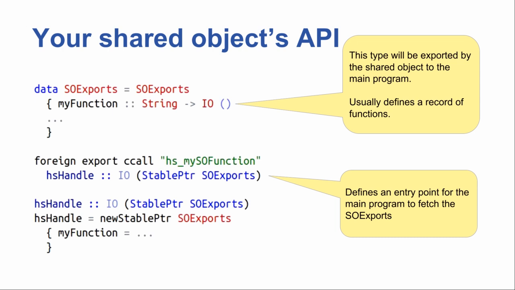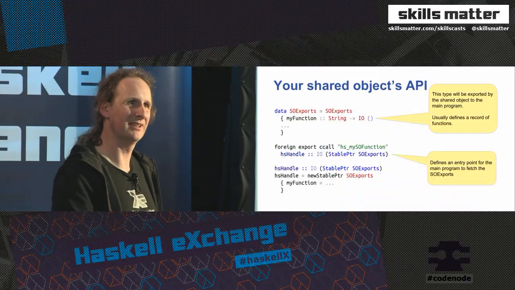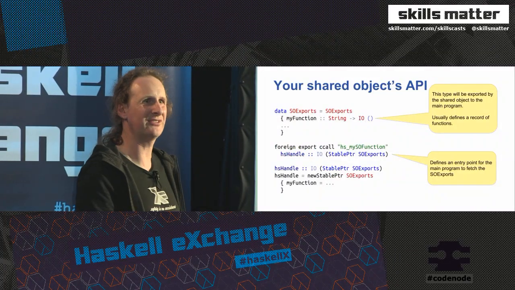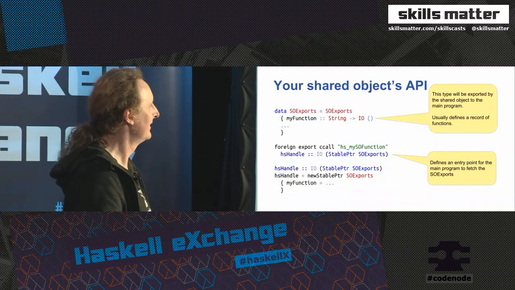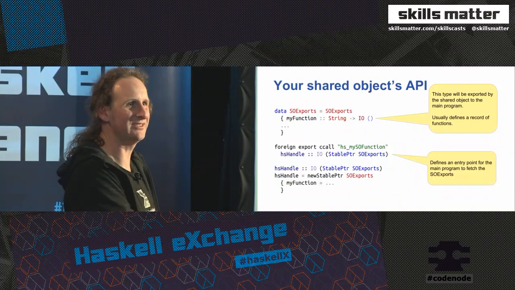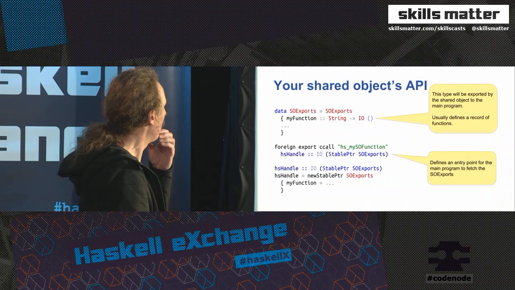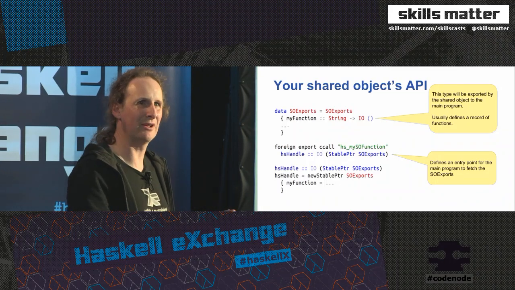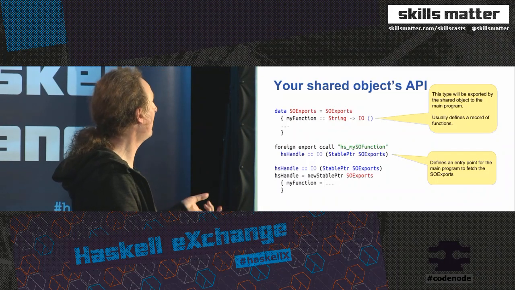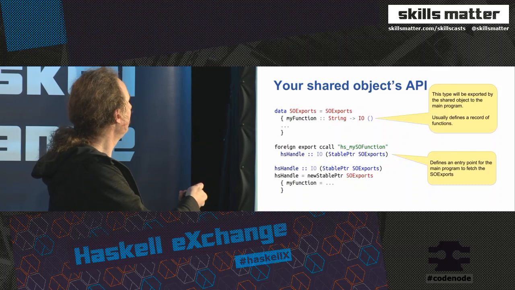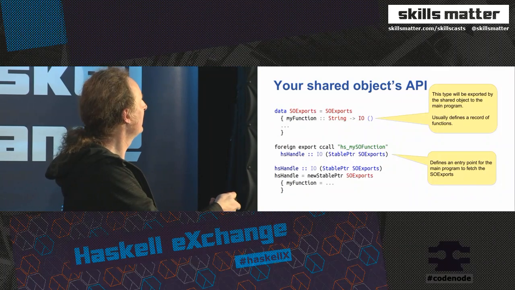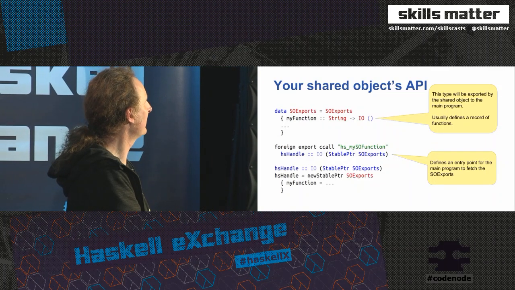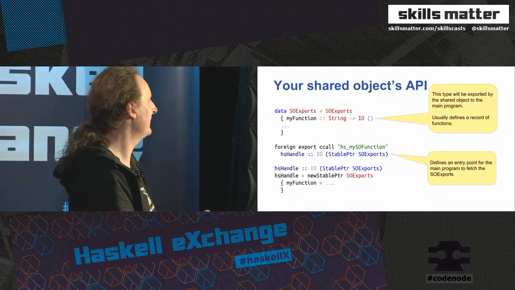So now we have to get that from the shared object somehow across that boundary. Well, we could export it as a Haskell function, but that means the server code has to understand how Haskell functions are compiled and what their generated names are and that sort of thing. So that's a bit too low level, a bit too dependent on the compiler version. So what we do instead is that we foreign export a function that I've called hsMySO function here.